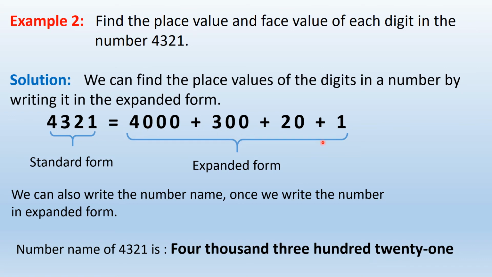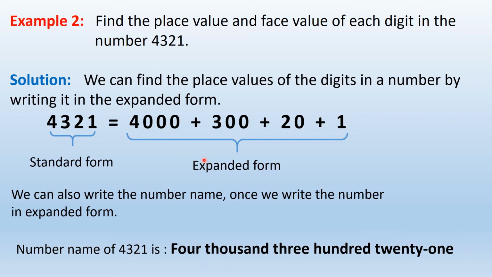Looking at the expanded form, excluding these plus signs, if we write these terms in words, that gives us the number name. 4321. So this is the number name of the given number.